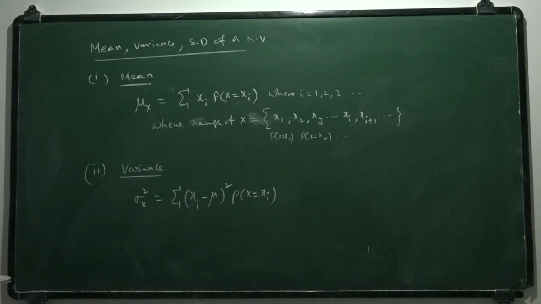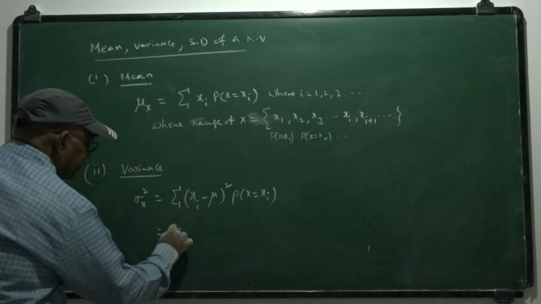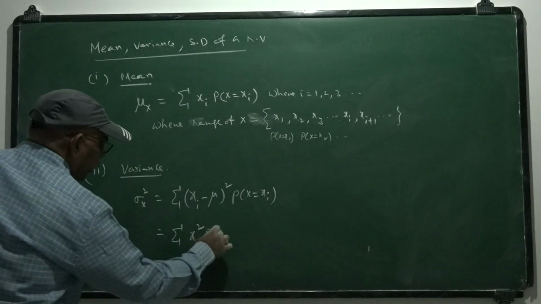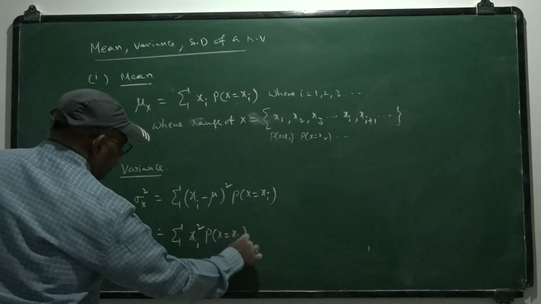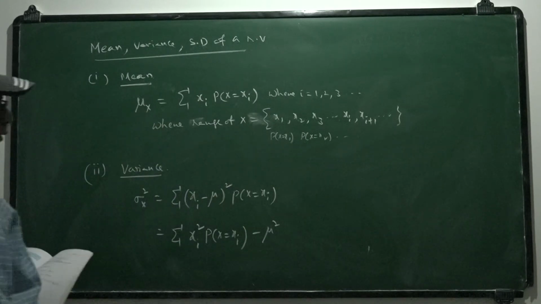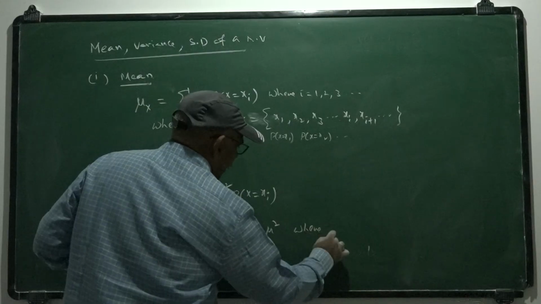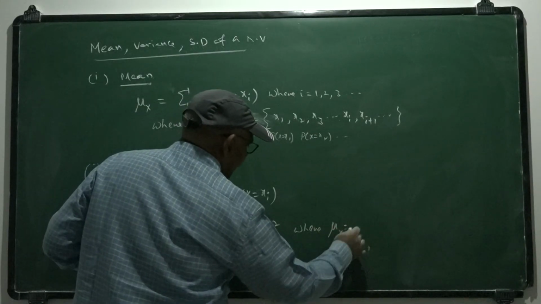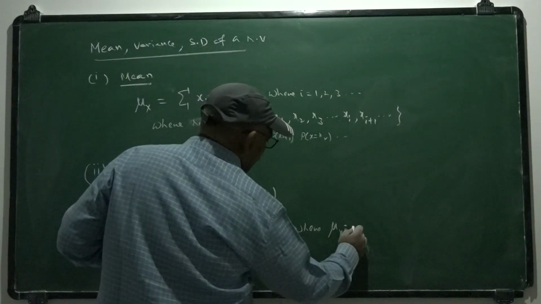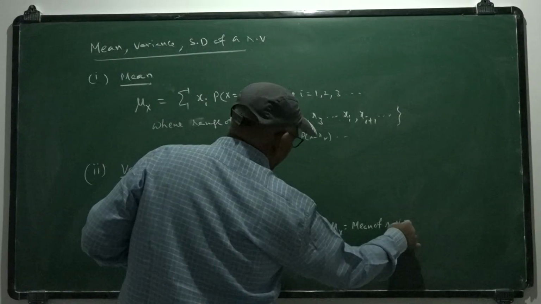The variance of the random variable, on simplification, is also defined as sigma xi square into corresponding probability minus mu square, where mu is the mean of x, the mean of random variable x.